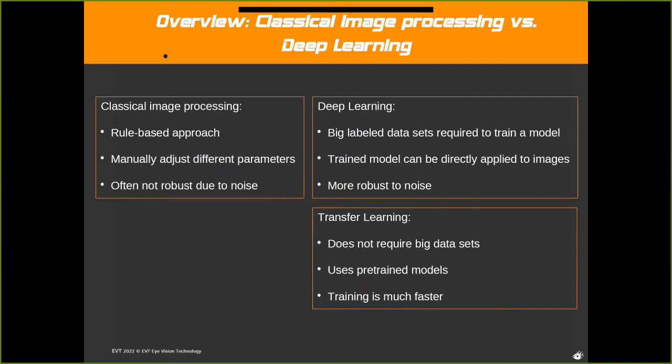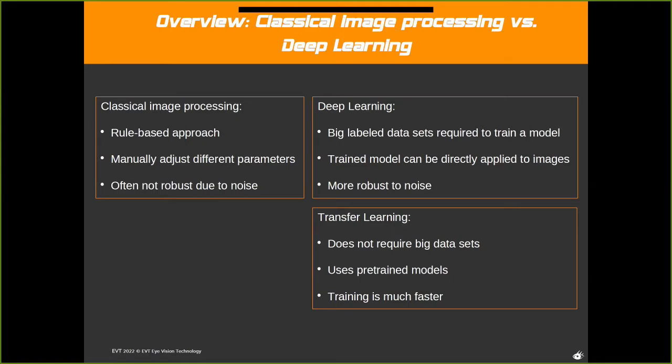First of all, I would just like to tell you what's the difference between using classical image processing and deep learning. If we use classical image processing, we often have to use different tools like filters, and we have to build the whole pipeline. We have to adjust parameters, and sometimes when we have problematic images, these results might not be so robust due to noise.